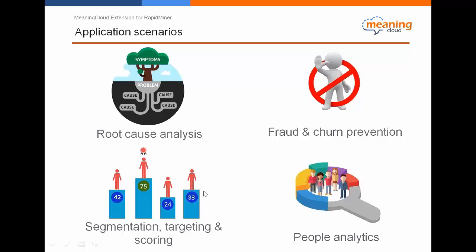Or for segmentation, targeting and scoring purposes, you can complement your data with additional demographic or psychographic information found from different unstructured sources, so that you can enrich your model with additional attributes like lifestyles, brand affinities, etc.